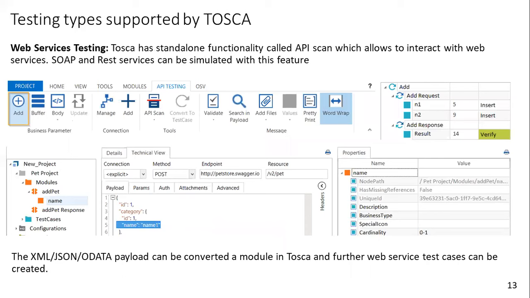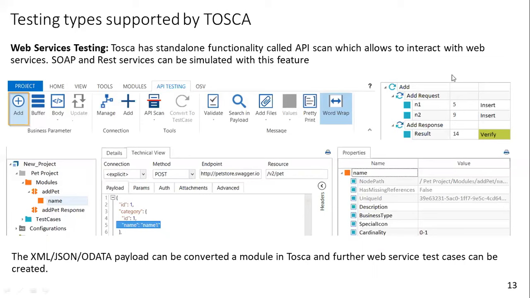Web services testing. TOSCA has made life very easy with web services testing. You need not do Groovy scripting. You need not do REST Assured based Java tests and Java library calls. You just scan your URL, parameterize what data you want to change, use that data, and the result automatically comes back to you. From the results you have got, you select what data you want to verify, and you can verify it.